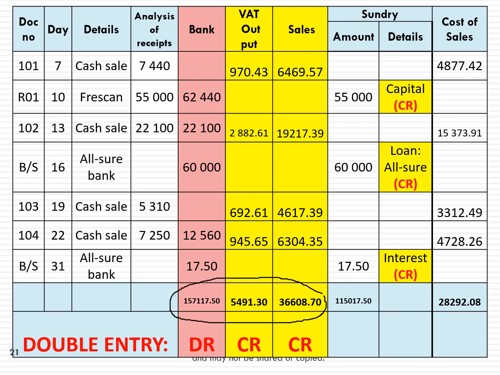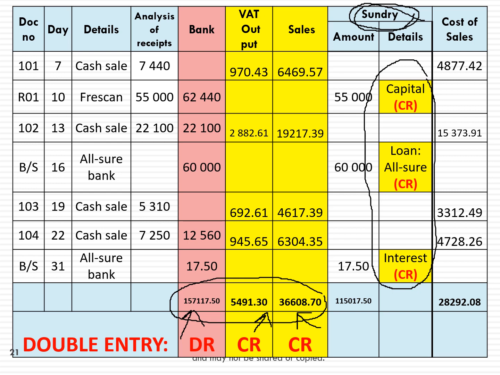We have posted the first one to the bank account and then the next two to the output VAT and the sales account. But when we work with the sundry entries, here we can't just use the total, because as you can see, they go to three different accounts. One goes to capital, one goes to the loan, and one goes to the interest.